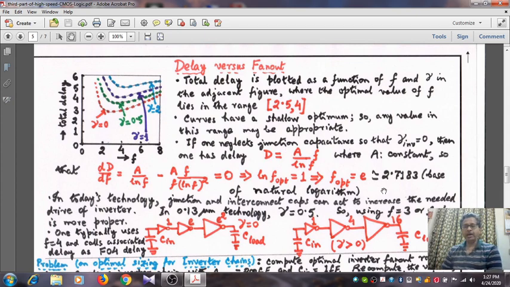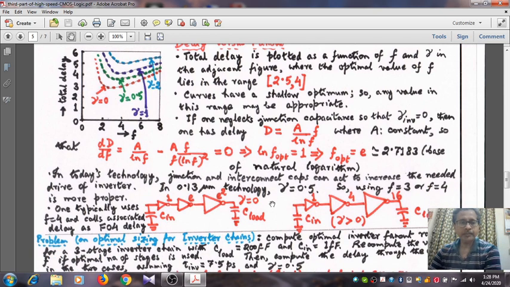With aggressive scaling, the size of the inverters gets reduced, but the length of the wire becomes comparable to the inverters, so we can no longer ignore the wiring capacitance. So gamma would be some value, say 0.5, 0.25, 0.1, 1 or 2, whatever.